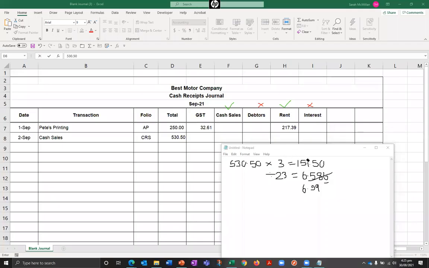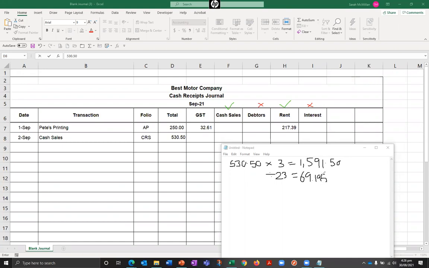So I've just realized that I have made a mistake here. My calculator didn't pick up the extra 0, so that is not quite the answer. So $530.50 times 3 is actually $1,591.50. Dividing that by 23 gives you $69.195.